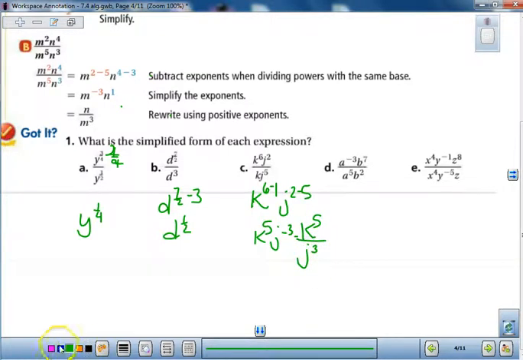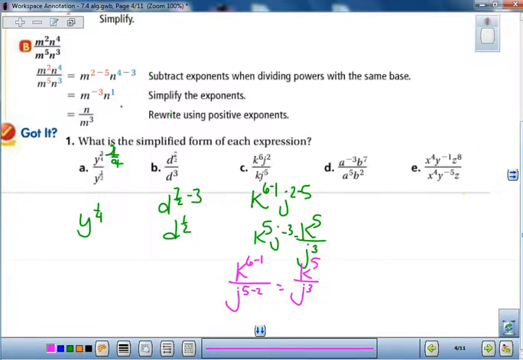Now, what if you didn't want to look at the problem that way, and you notice that when you subtract your k's, you have k to the 6 minus 1, but you notice j is larger in the denominator, so you take 5 minus 2. Would that also work? k to the 5th over j to the 3rd.